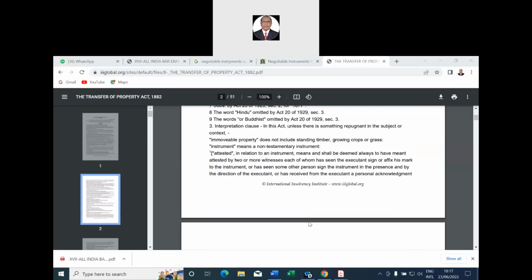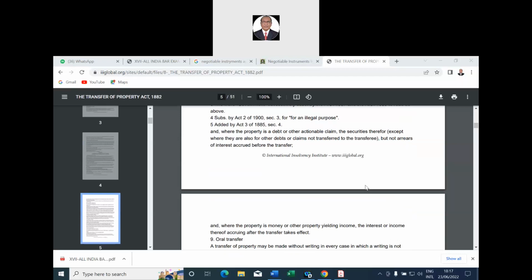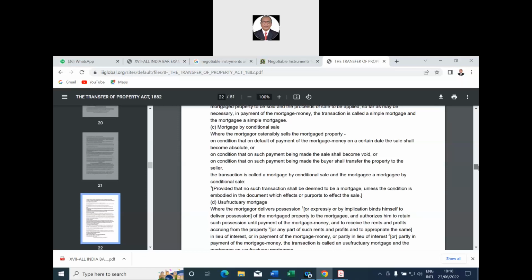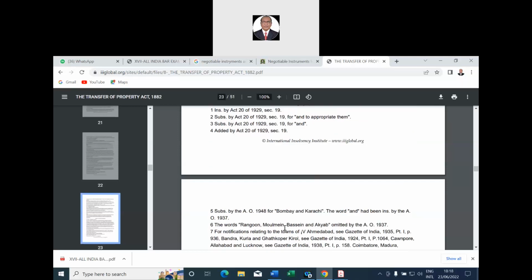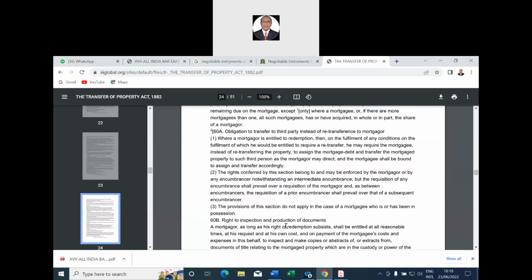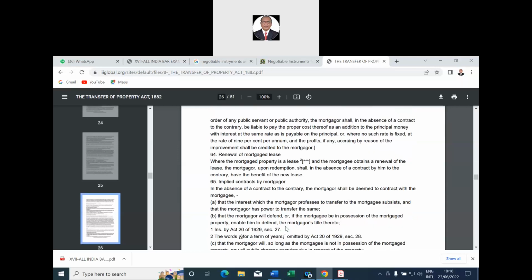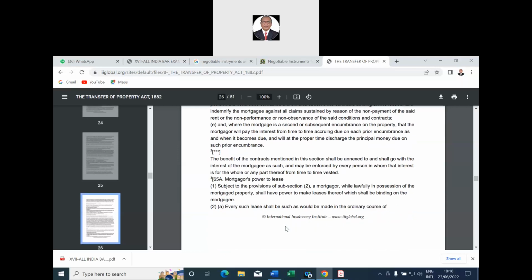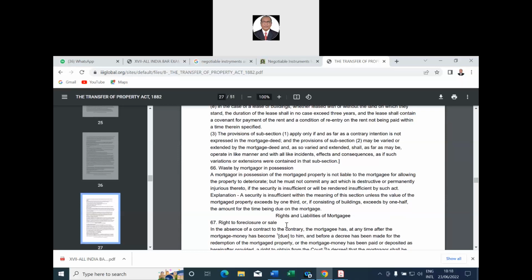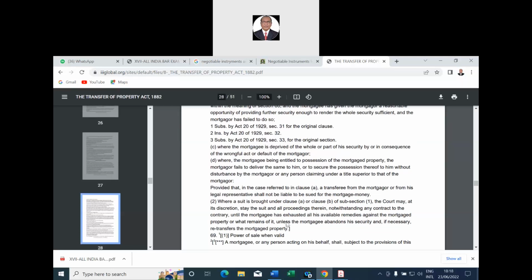And here I did not say, let me check the section 49, I told you, no, 49, 69. 69 is a special provision, I told you. Let me check whether it is there. 69 is exactly where it is not applicable to the Muslims. 59 is there, 60 is there. Then we'll see 63, then we can scroll to 65. Then afterwards, what is that? 64, again renewal. 67 comes. Yeah. Power of sale when valid, 69.